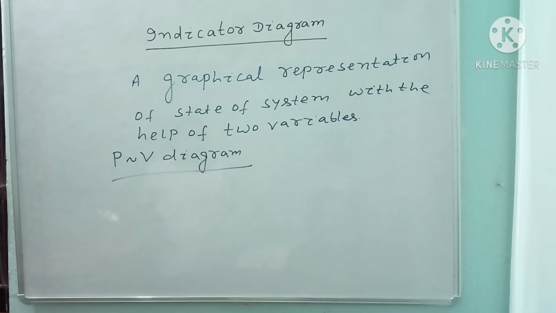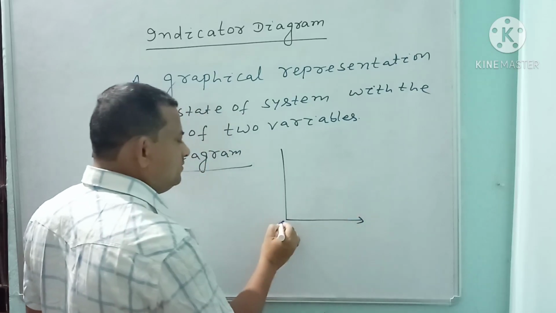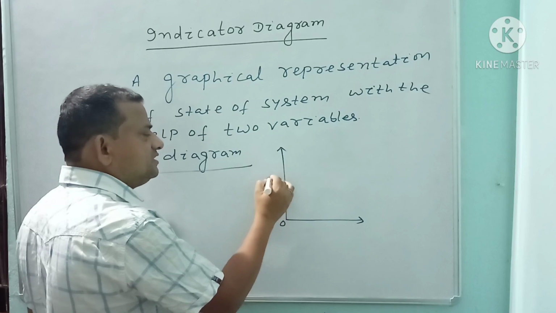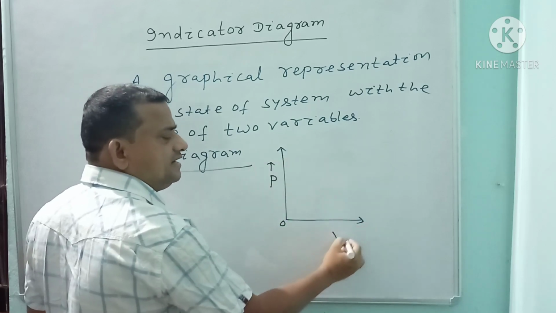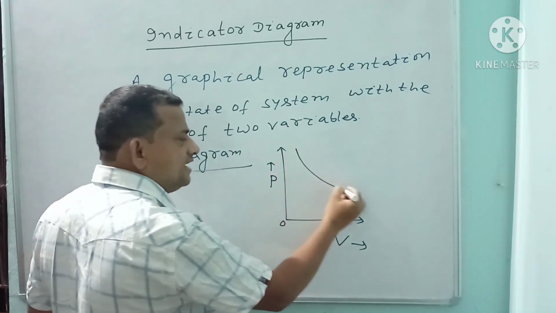Suppose I take the graph like this. Along y-axis I take pressure, along x-axis I take volume. Suppose the graph is like that.